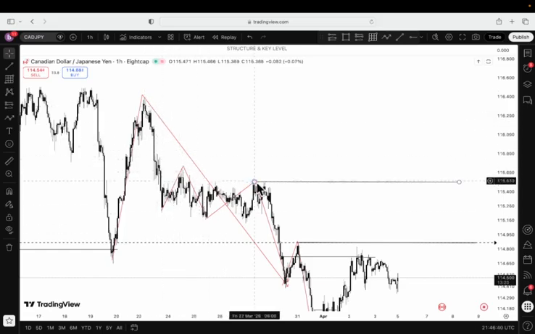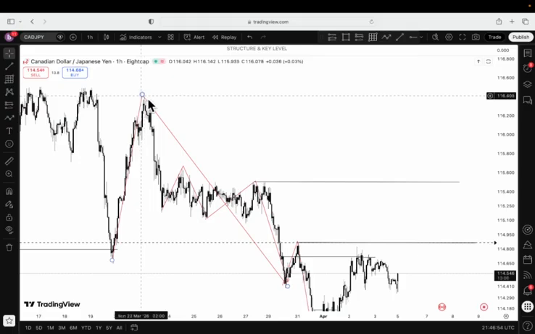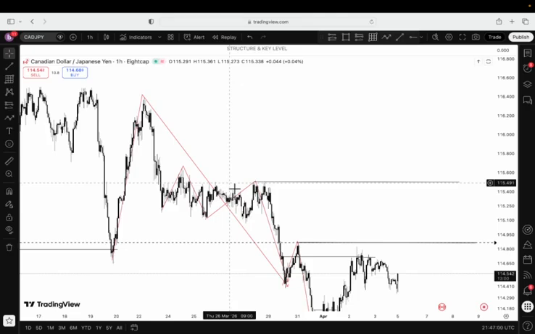Now you see this right here, just pick out the most recent, pick out your internals and let it be. If this guy gets taken out, this one will get taken out. So this is not your disruption at all, this guy is. In a failed external, pick out your internals inside of it.